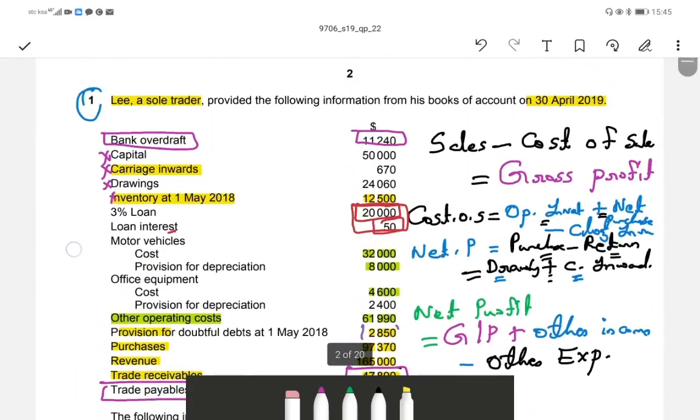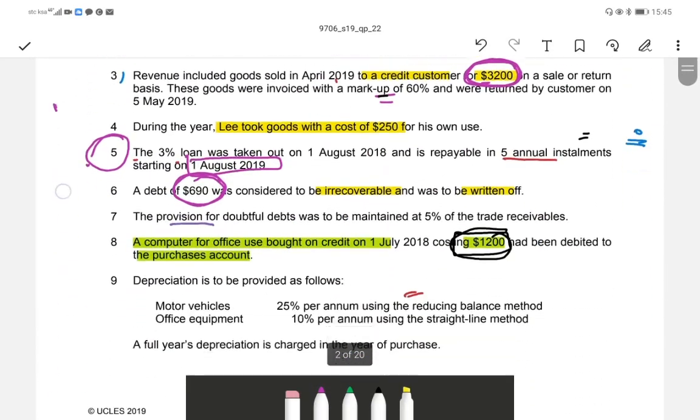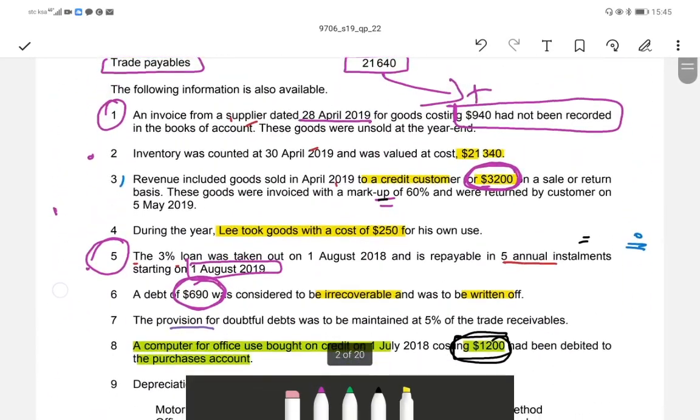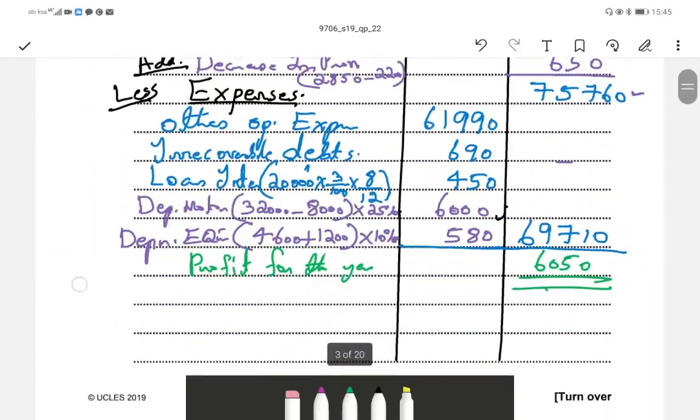What was the loan amount? Loan amount is given 20,000. So 20,000 divided by 5 annual installments is equal to 4,000. That is the loan repayable.